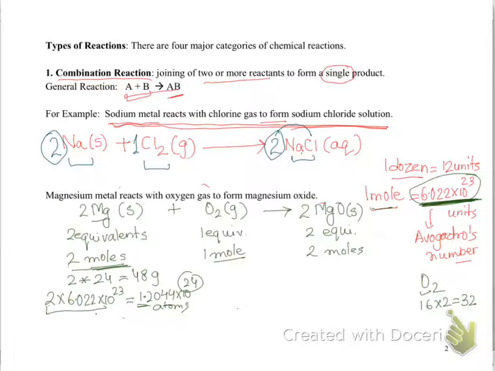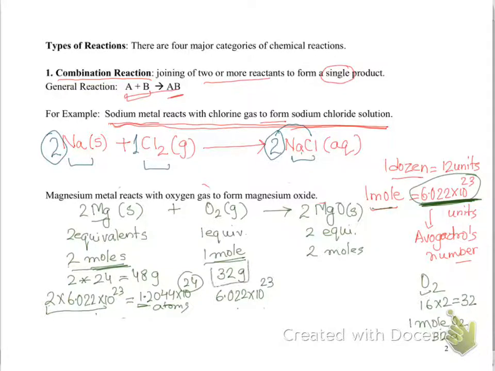If I'm talking about an O2 molecule, the mass will be 32 AMU. If I'm talking about the mass of 1 mole of oxygen molecules, then the mass will be 32 grams. So here this is 32 grams, and 1 mole of oxygen molecules means how many molecules? 6.022 times 10 to the 23rd molecules.